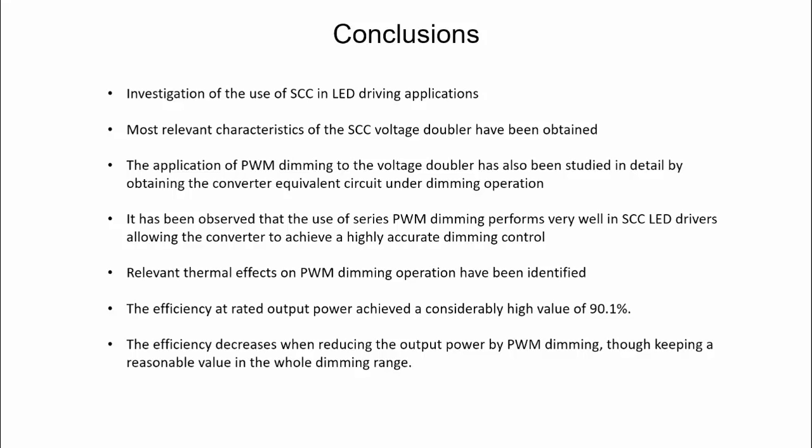And finally, we have also seen that the efficiency decreases when reducing the output power by using PWM dimming, but in general, the efficiency stays in a reasonable range, and this aspect has to be also investigated in future research to try to increase the efficiency at low dimming levels.